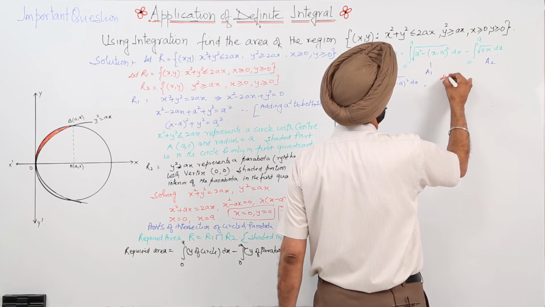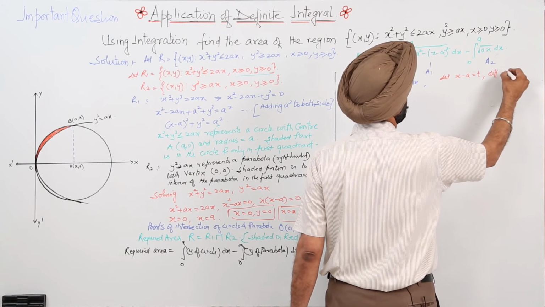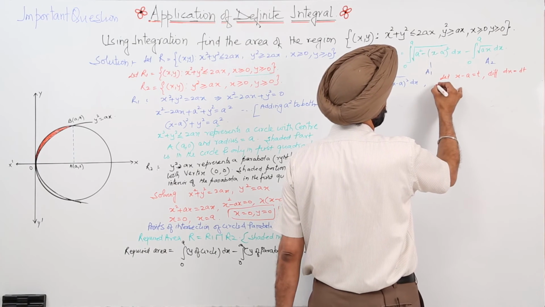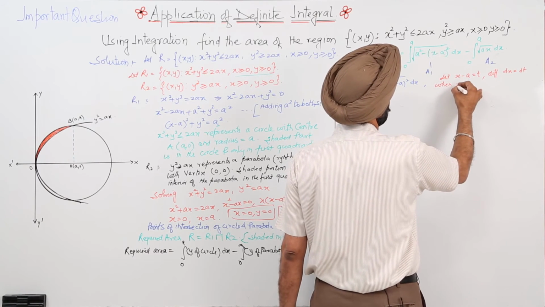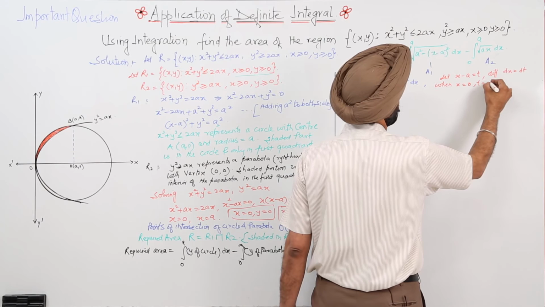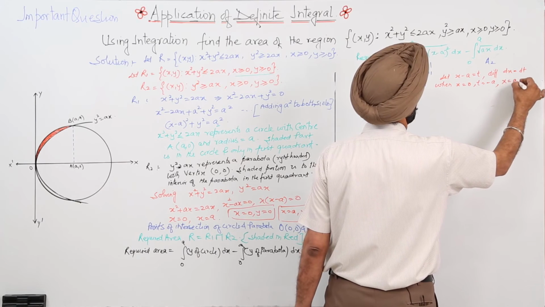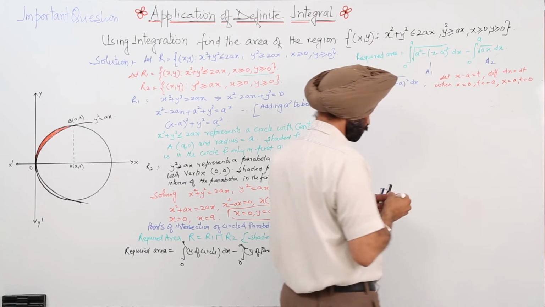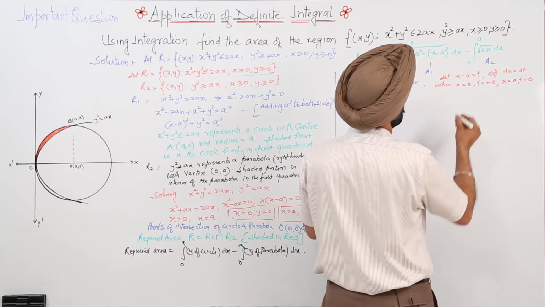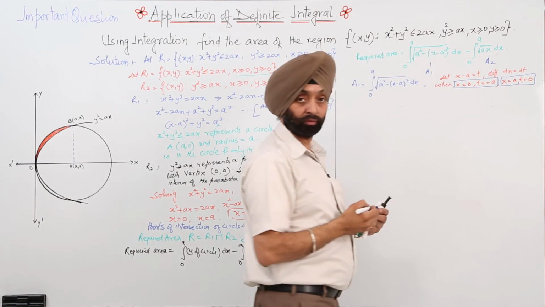Now let x − a = t. Differentiating, we have dx = dt. Now changing the limits: when x = 0, t = −a, and when x = a, t = 0. So we have limits this one and this one. Is it clear?